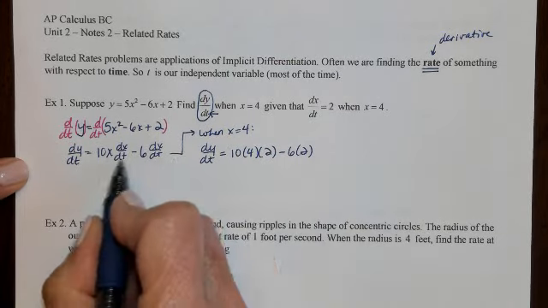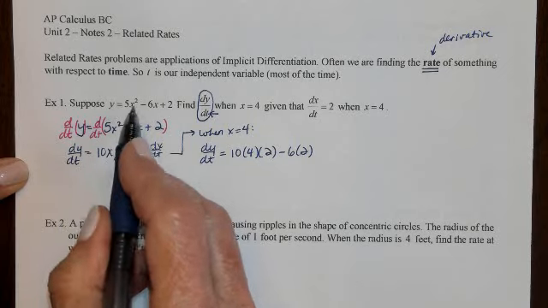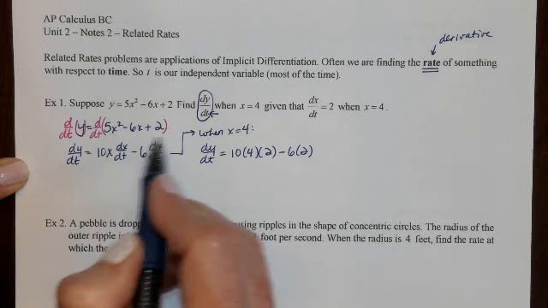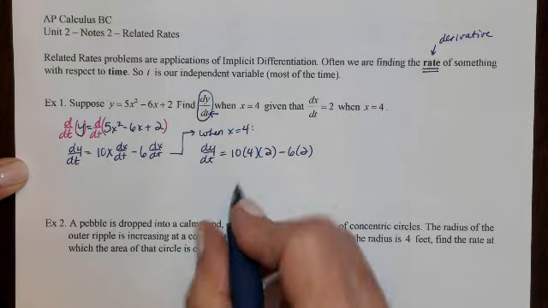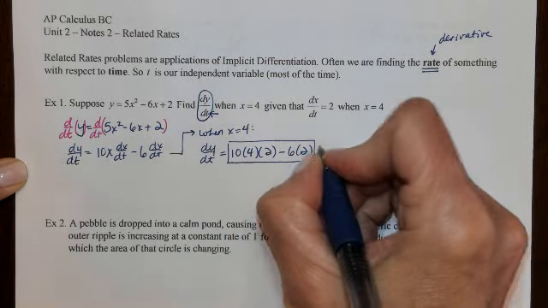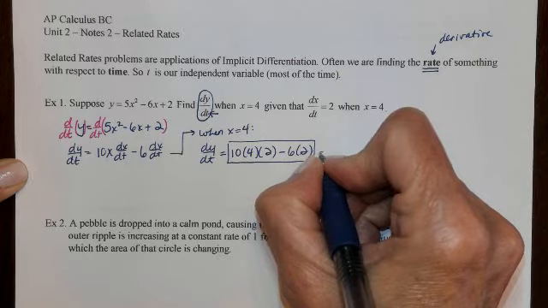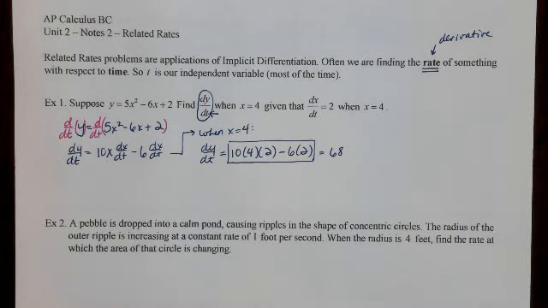Of course, you could take that dx/dt out, so it would be 10x minus 6 all times dx/dt. That's fine too. Of course, we can simplify that, and that simplifies to 68.